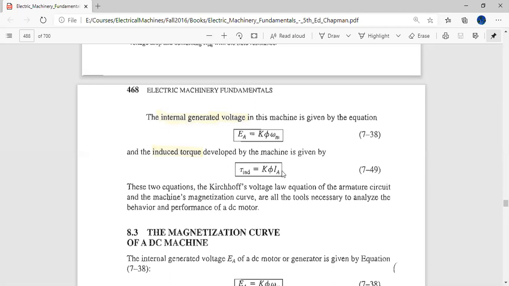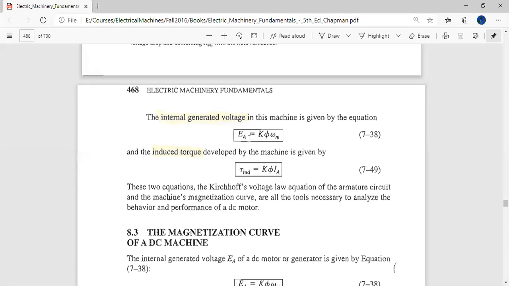That force causes a torque, because the armature is rotating around some axle, and the force on the armature wire or coil causes a turning effect about the axle of the machine, as we saw in the previous class.